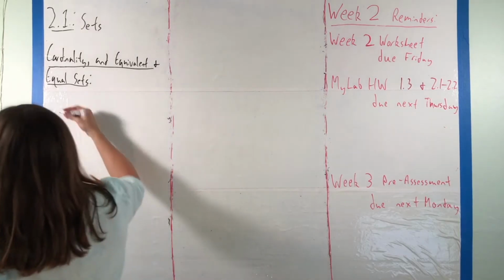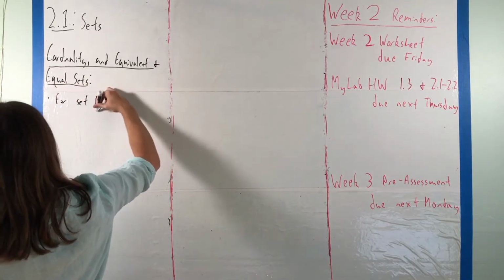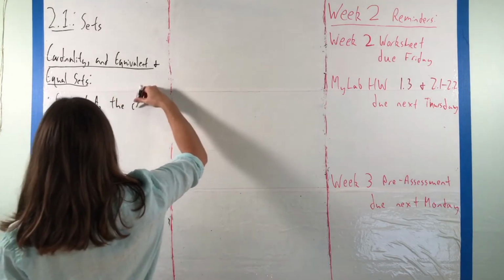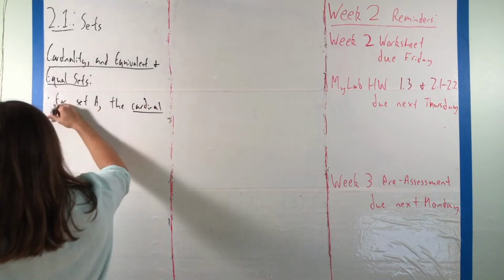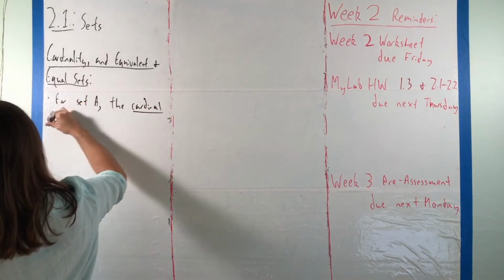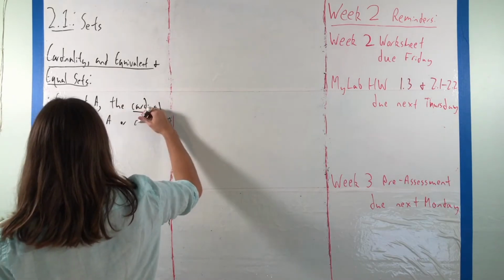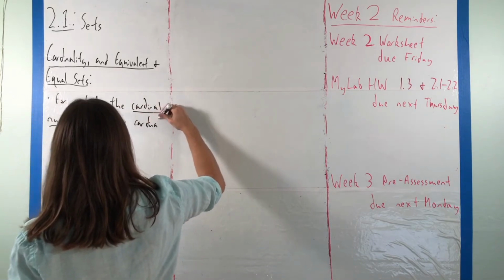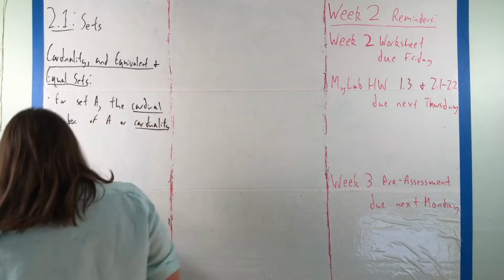So, for some set A, the cardinal number of A, or if you prefer, cardinality, is generally how I refer to this.